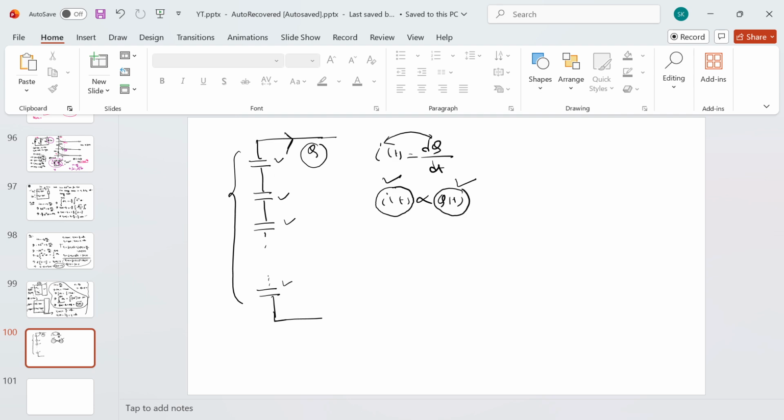So you can apply this concept in this question. If this particular capacitor is delivering q amount of charge, all the capacitors need to deliver that q amount of charge only, or else the KCL will not work here. You have to satisfy the KCL, so this particular conclusion you can draw.